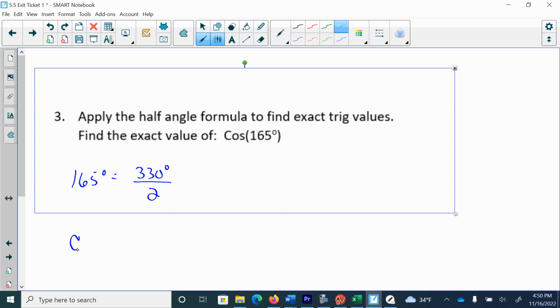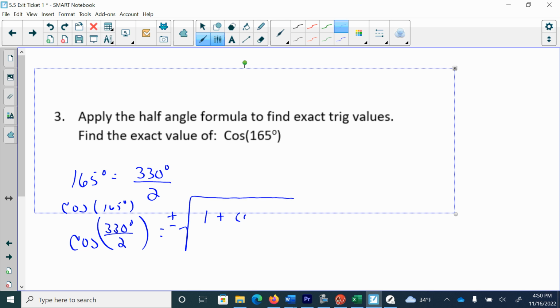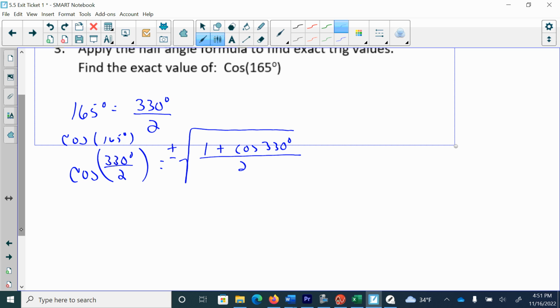So I'm going to say the cosine of 330 degrees over 2, which is the same thing as the cosine of 165, by the way. And I'm going to do the half angle, so I'm going to have plus or minus the square root of 1 plus the cosine of 330 degrees, all over 2. So I'm finding the cosine of 165 degrees.